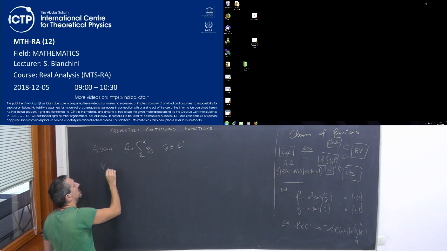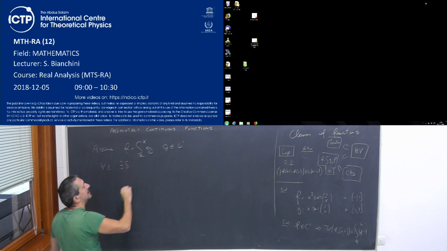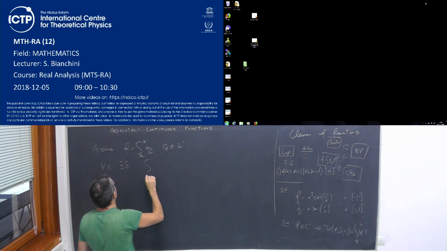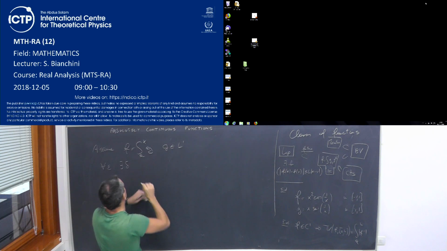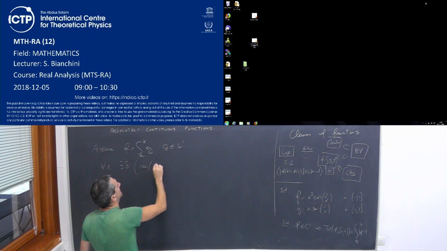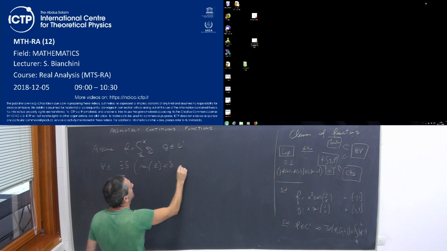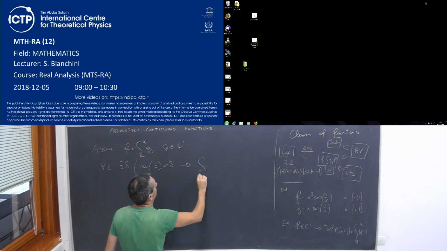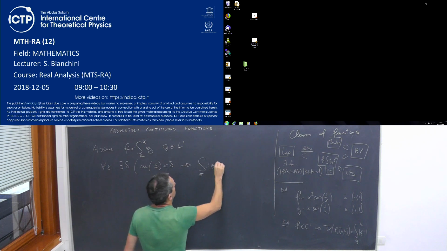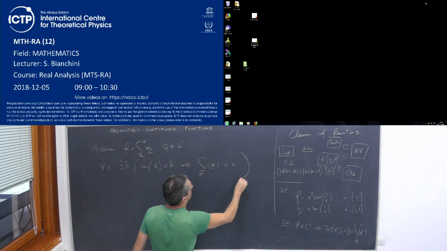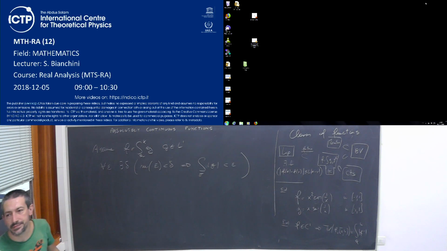For all epsilon, there exists delta, if the measure of a set E is less than delta, then the integral over E of g is less than epsilon. Simply because you cut the parts where it's large, the rest is finite, and then you're fine.